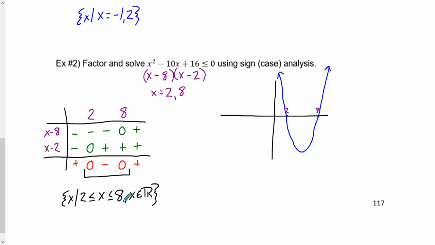So overall, the question is asking, where is the parabola less than or equal to 0, or less than or equal to the x-axis? Well, it's below it, in between here and here, which is between 2 and 8.